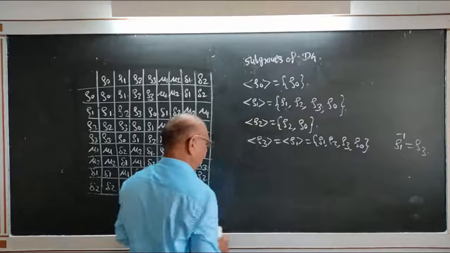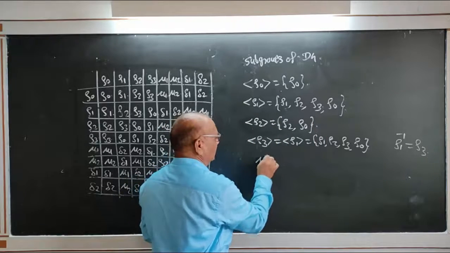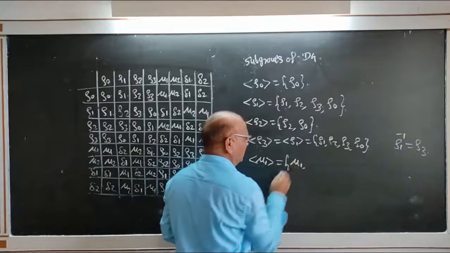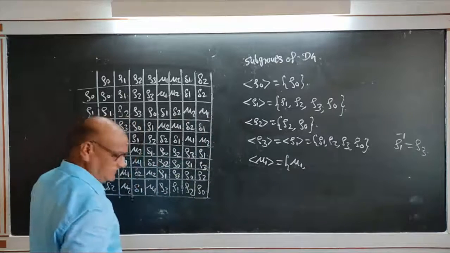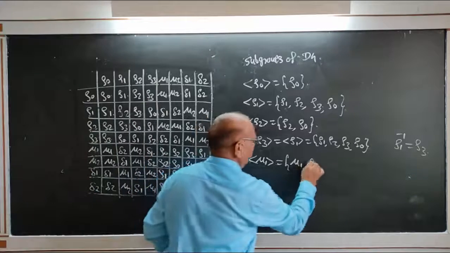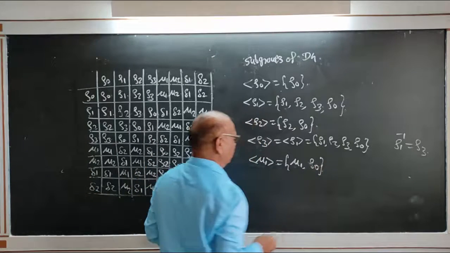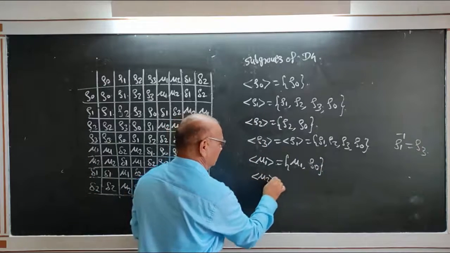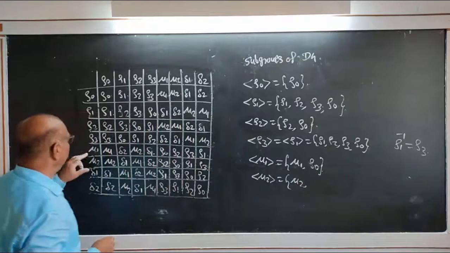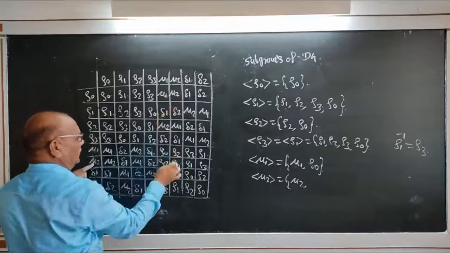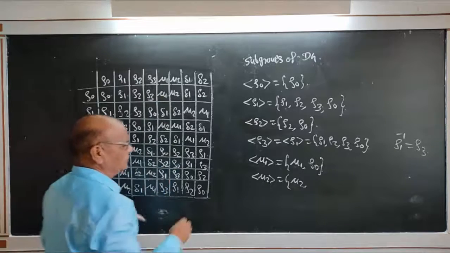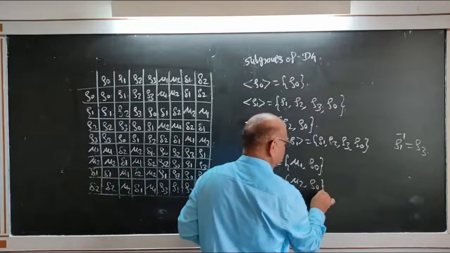Now, the subgroup generated by mu1. First, write down mu1. mu1 square is mu1 into mu1, row 0. Identity, stop here. Now, the subgroup generated by mu2, write down mu2. Now, mu2 into mu2 is row 0. Stop here.